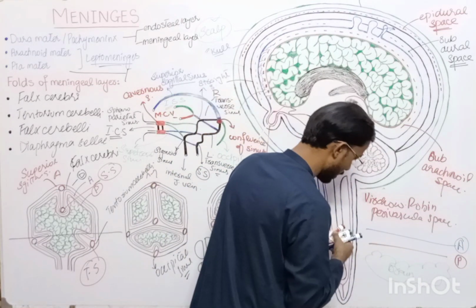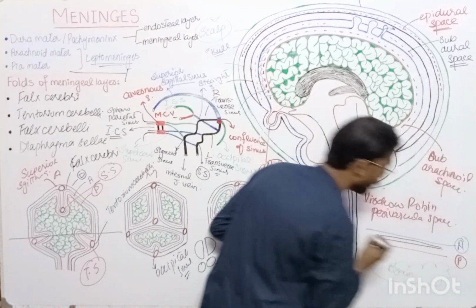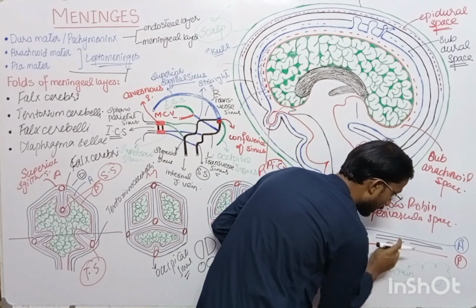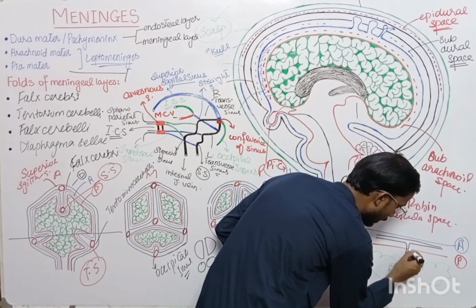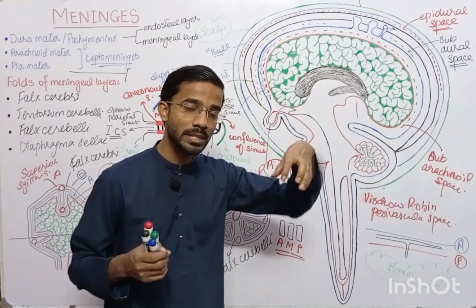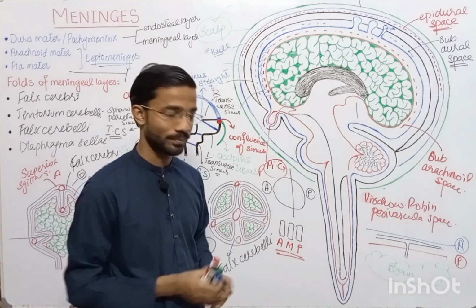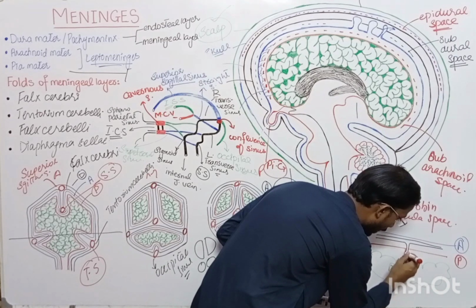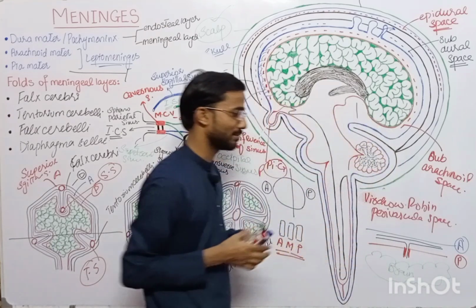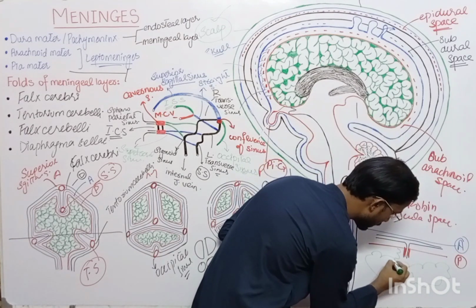So here is the vein which is present in the subarachnoid space. A large vein will branch and enter inside the brain by crossing the pia mater. Pia mater is pierced by the veins. So here it actually crosses the pia mater, and pia mater will also come along with this vein and move this way. And here you can see this is the brain.